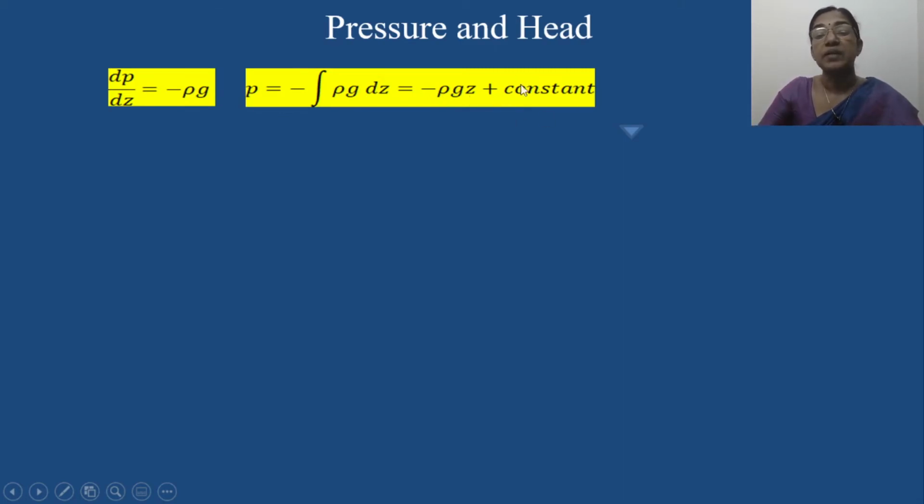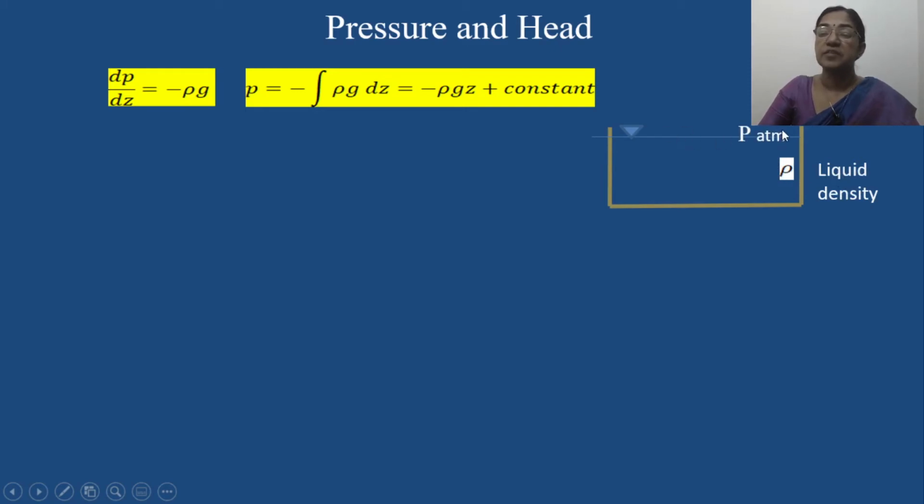So how will you obtain the value of the constant? For which we have to consider a container filled with liquid. This liquid has constant density rho. The pressure at the free surface is atmospheric pressure. Now consider a point x at a distance h from the free surface.